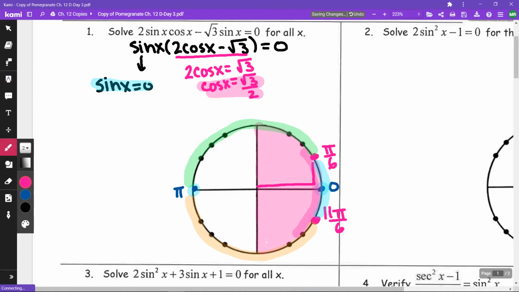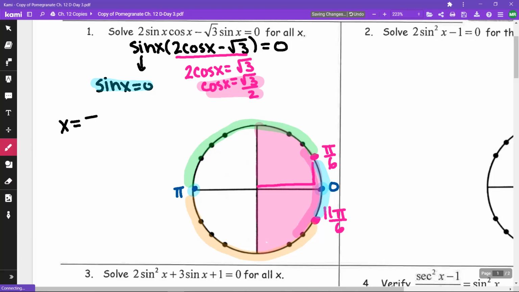So it's not going to be easy for me to get from pi 6 to pi, then to 11 pi 6, and then back to the same location as my pi 6. So since those are not all the same distances from each other, I am going to have 3 answers.